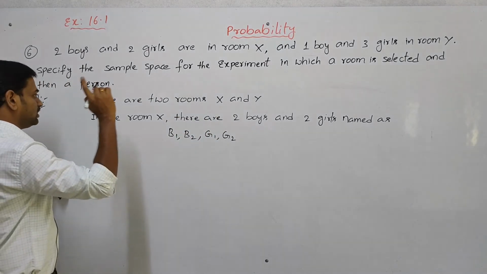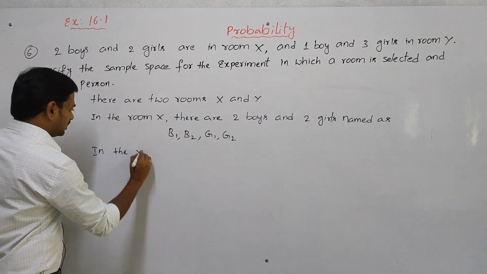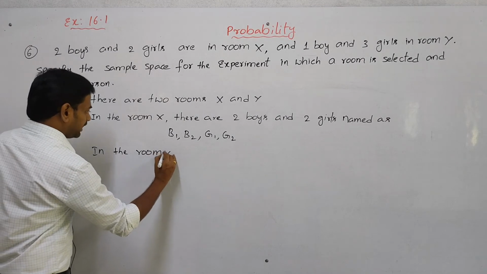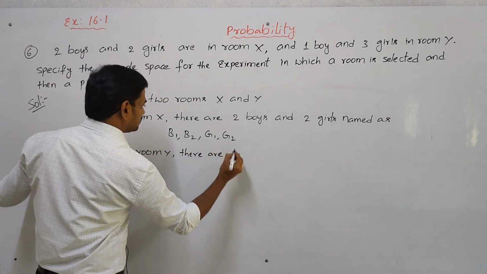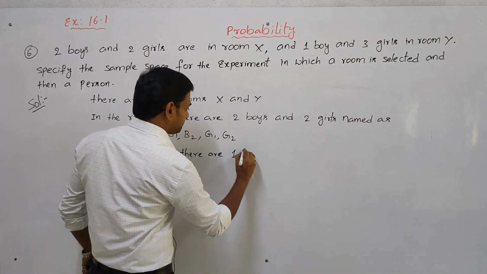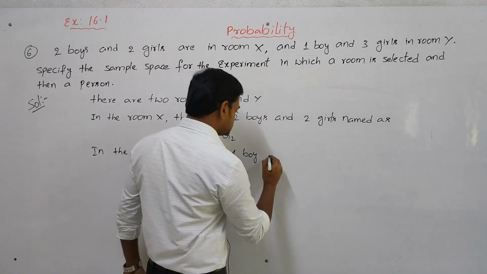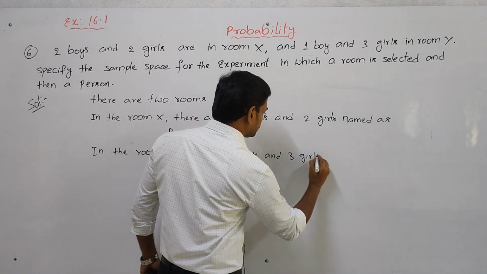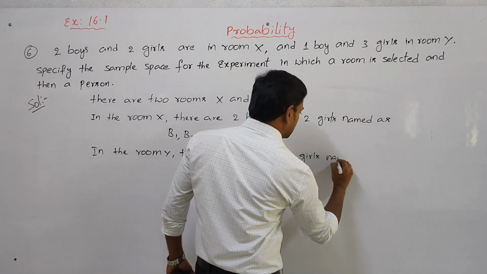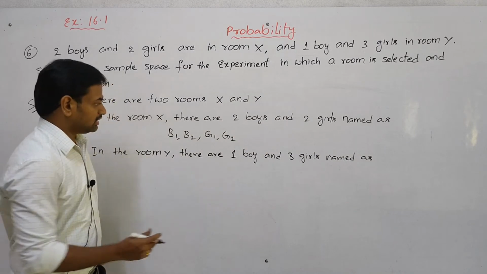Next, come to the second room. In the room Y, there are one boy and three girls. How I am naming: one boy is there.